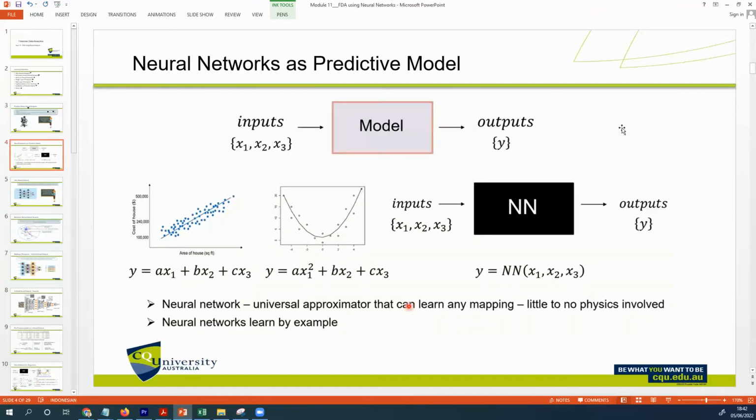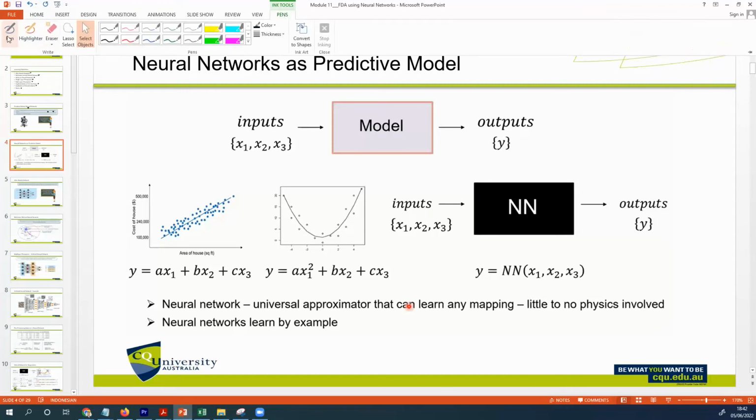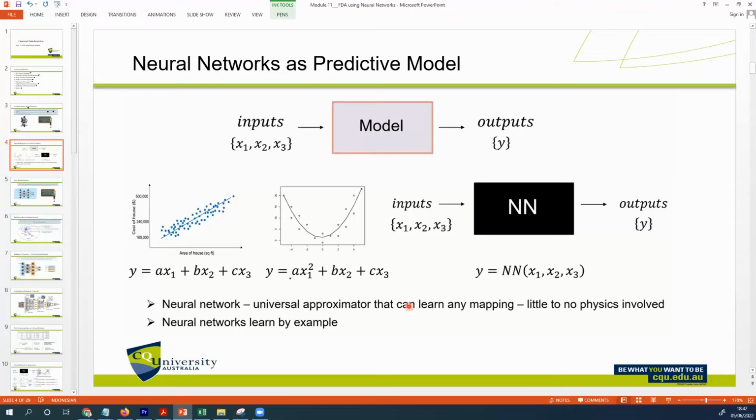So the neural network is a predictive model. It has the inputs, the model, and the outputs. This neural network model in Python is still a black box model.